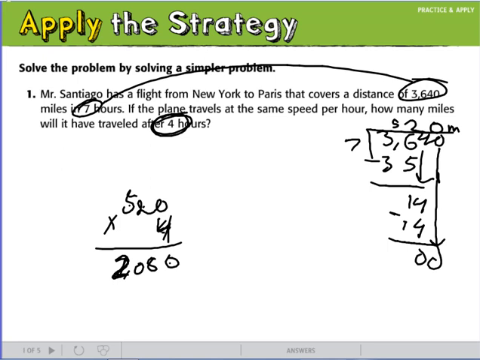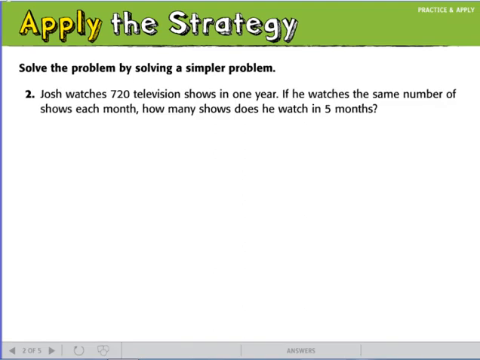I'm pretty sure he wrote his 5 sloppy enough to where he thought there was still a 1 over it. But anyways, that's what it's supposed to be, 2080. So when we move on, we will see. Number 2.